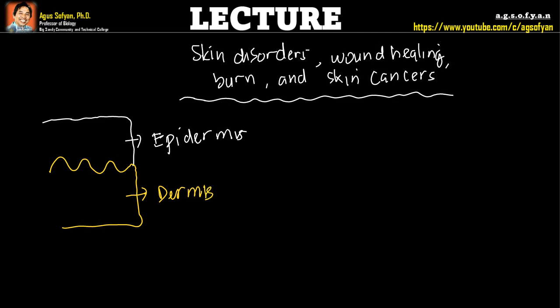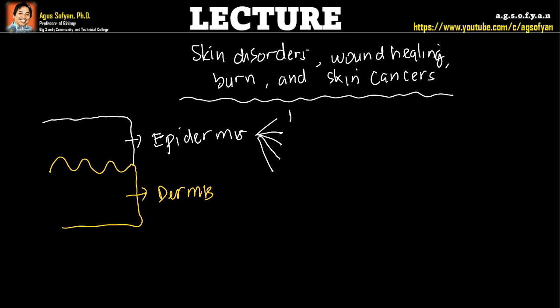In the epidermis there are four types of cell. There are 5 layers if it is thick skin and 4 layers if it is thin skin, but it has 4 types of cell.